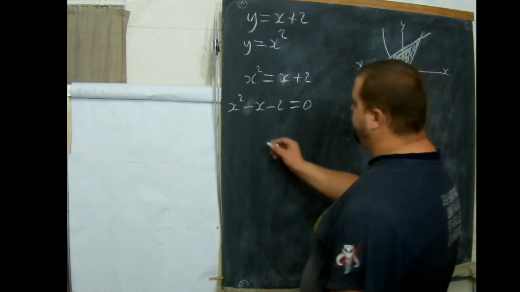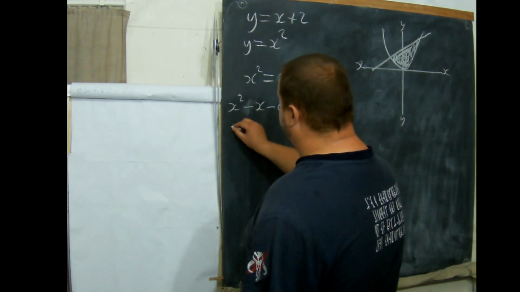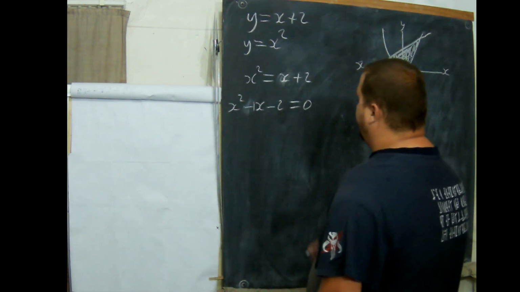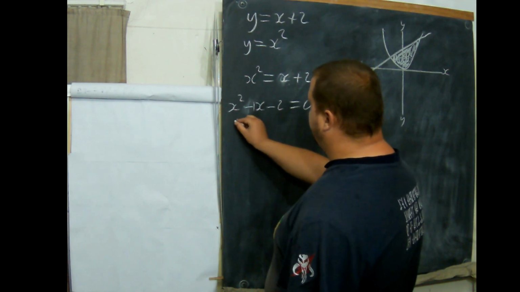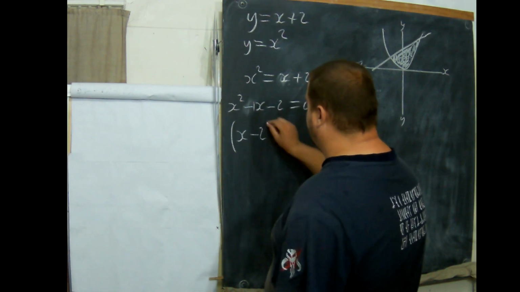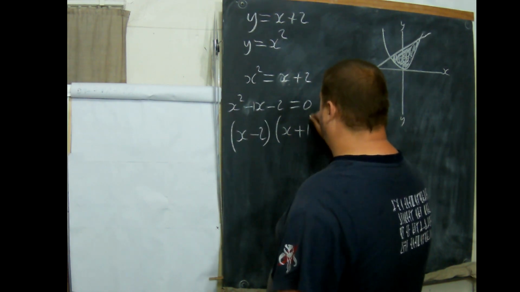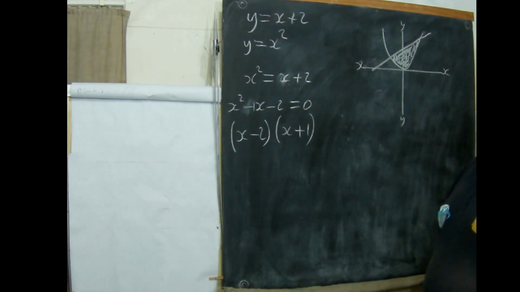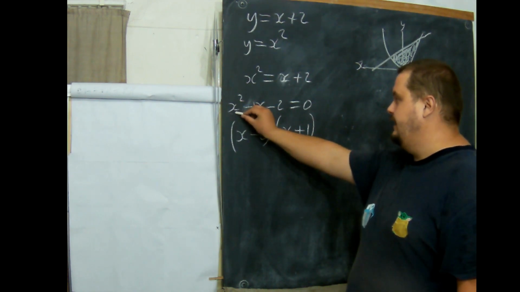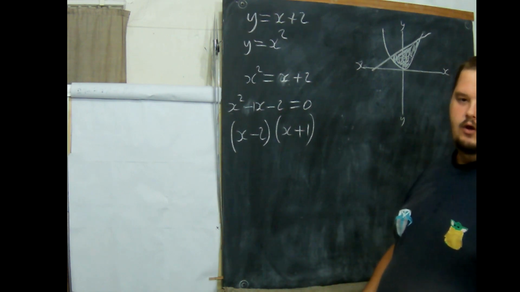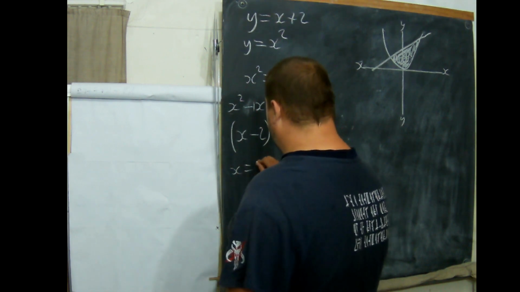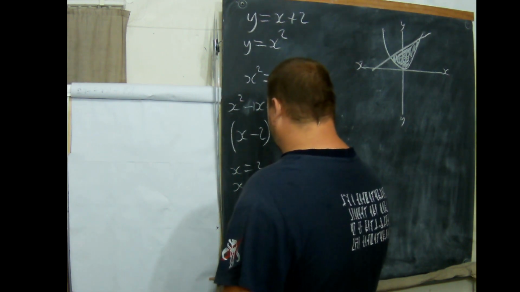So now what we have is our x coordinates. To get them, we factorize x squared minus x minus 2, and we get x minus 2 and x plus 1. So x is equal to 2 and x is equal to minus 1.